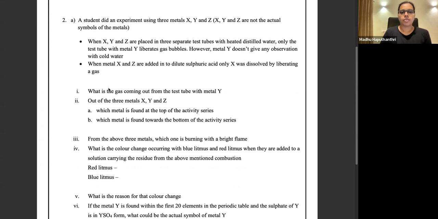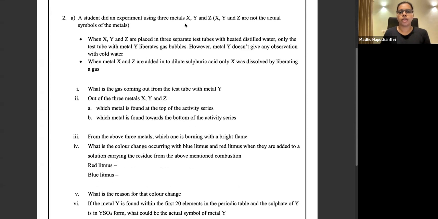The student did an experiment using 3 metals X, Y, and Z. So they are not having the actual symbols. And I'm telling when X, Y, and Z are placed in 3 separate test tubes with heated distilled water, only the test tube with metal Y liberated gas bubbles.